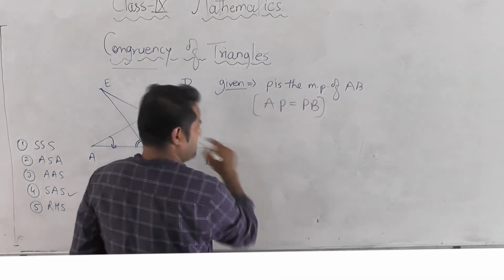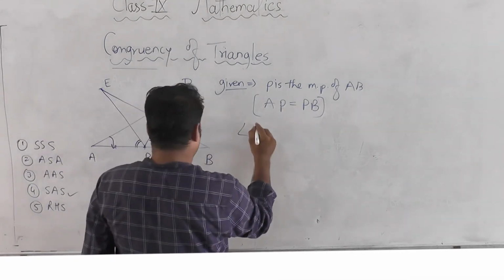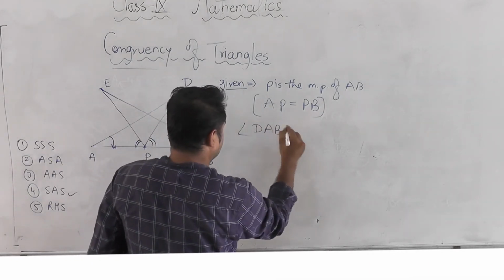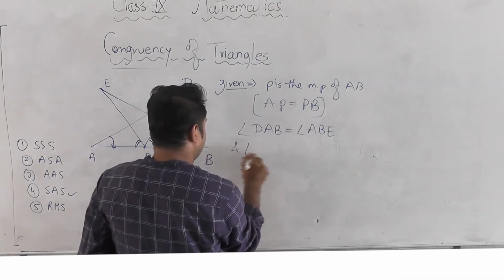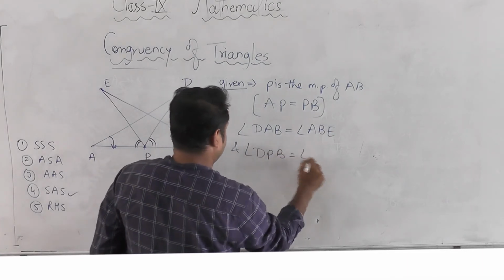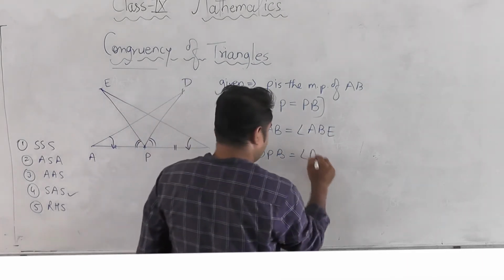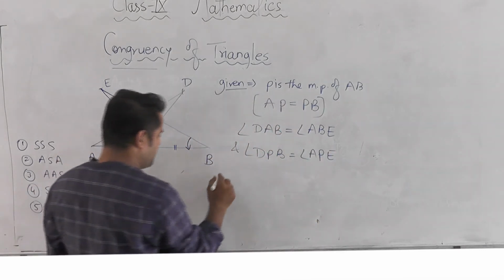The first thing. The angle DAB is equal to ABE. The second thing. And angle DPB is equal to angle EPA or APE. Okay, these three things have been given to us.